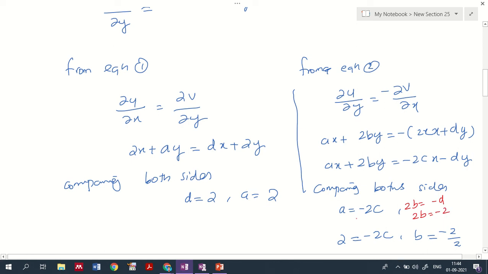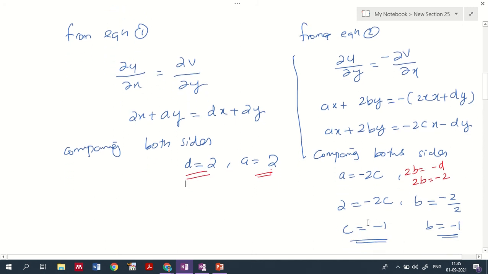Here also, a we already found, a equal to 2 and d equal to 2. So 2b equal to minus d, that is 2b equal to minus 2. From a equal to minus 2c, a we already know is 2. When you substitute that, we'll be getting c equal to what? c equal to minus 1, correct? And b equal to what? b equal to minus 2 divided by 2, that is b equal to minus 1.